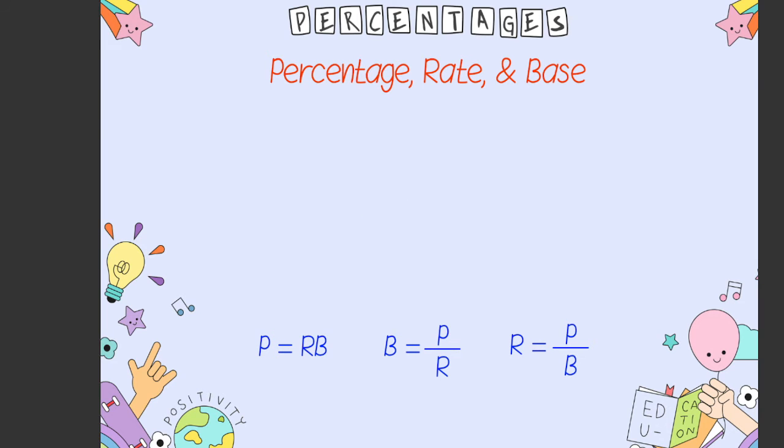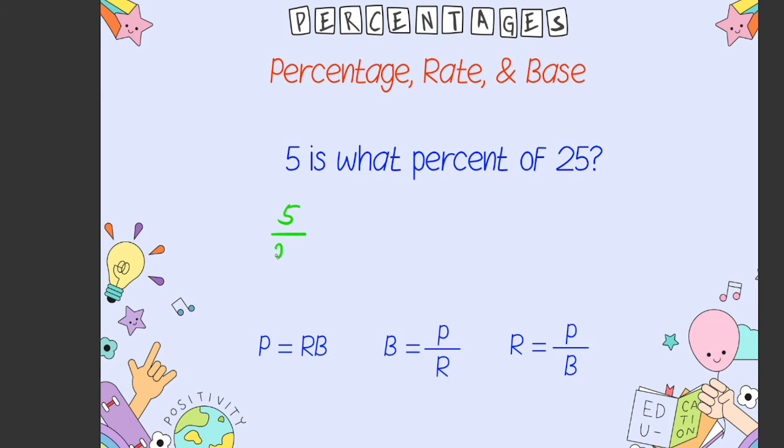Okay, let's have another example. 5 is what percent of 25? So to draw that in fraction form, we have 5 over 25 is equal to blank over 100. So we're looking for the rate. So you simply have to divide 5 and 25.